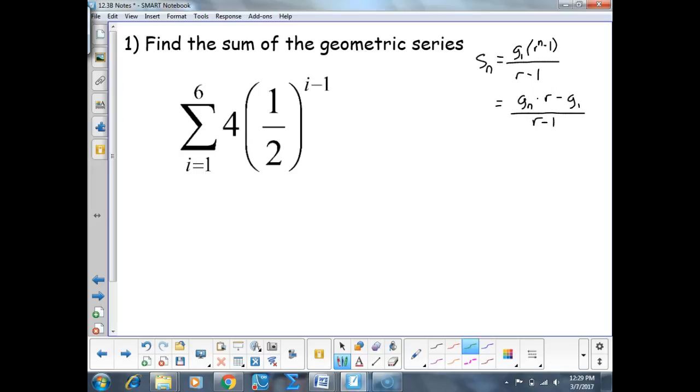First thing that we need to find is the n. How am I going to find n? Top minus bottom plus 1, n is 6. What's another thing I got to find? G sub 1. How do I find G sub 1?